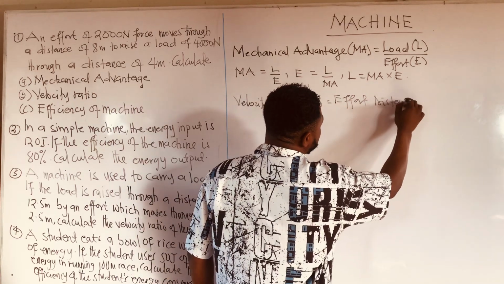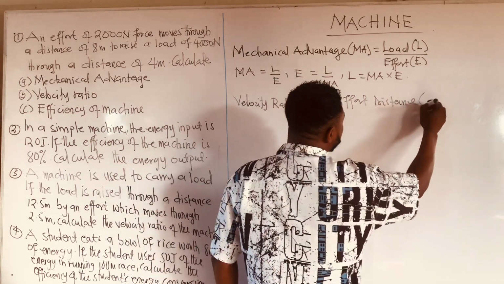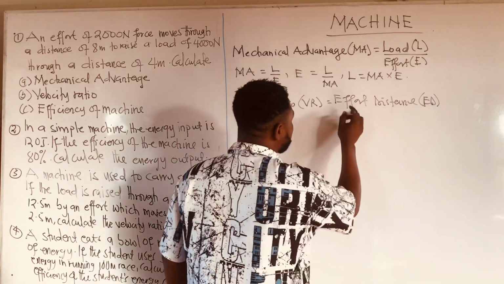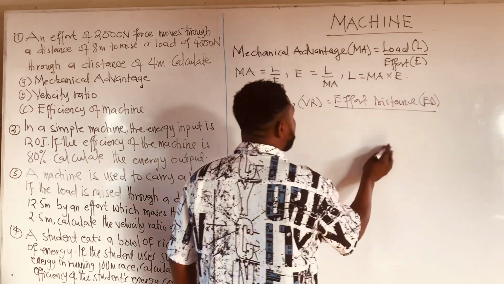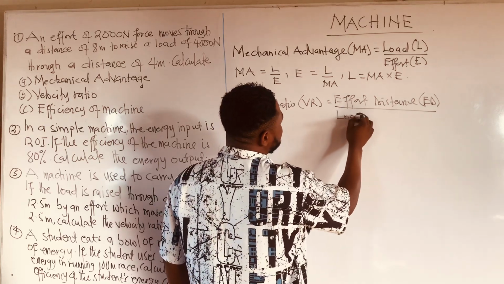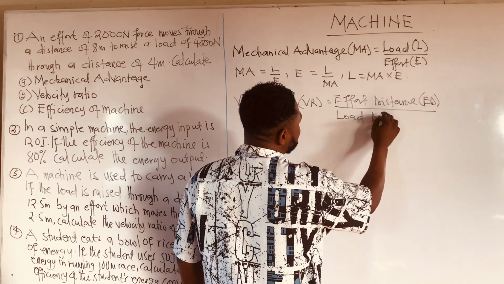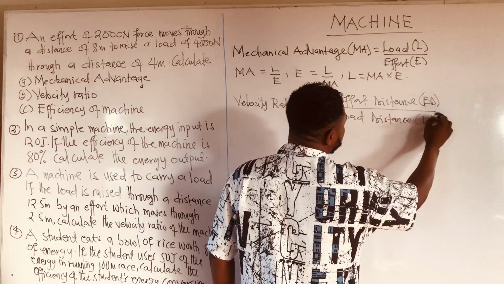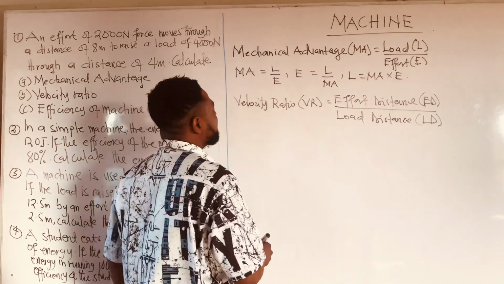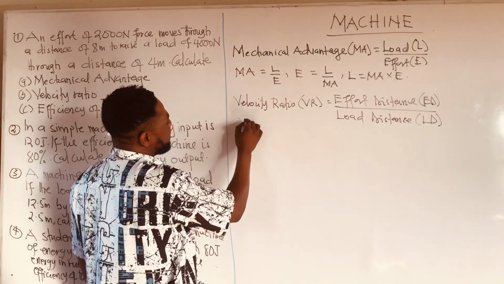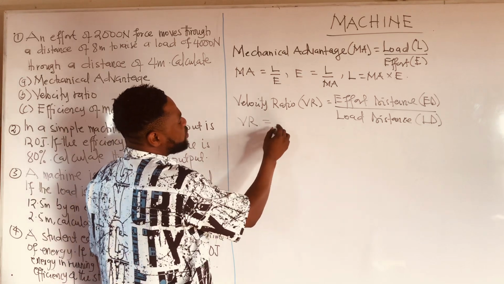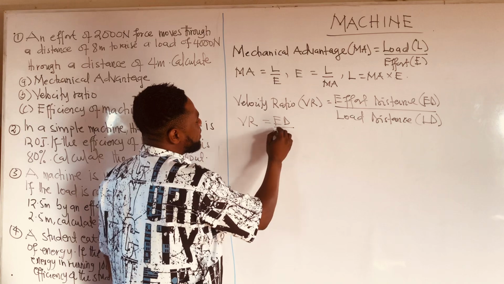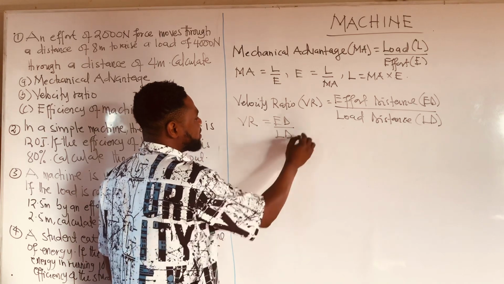Let me use ED to represent it. Effort distance divided by load distance, or distance moved by load, LD. So I can short it as VR is equal to effort distance divided by load distance, all right?